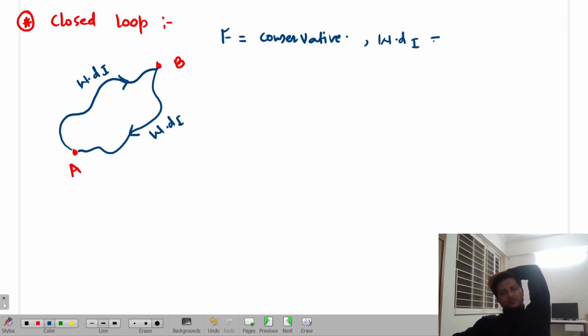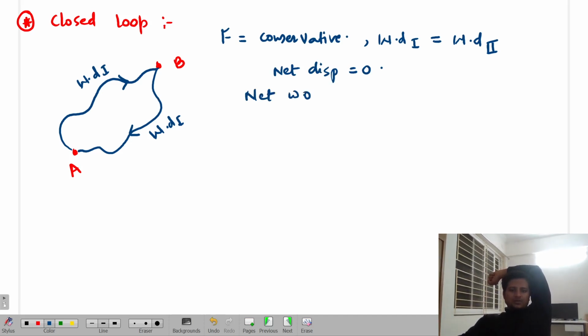Work done along the first will be equal to work done along the second, isn't it? But since during this closed loop the net displacement is how much? Zero. So basically the net work done will be equal to how much?